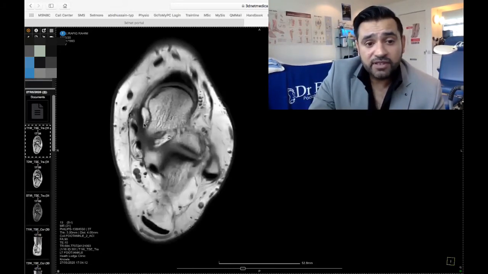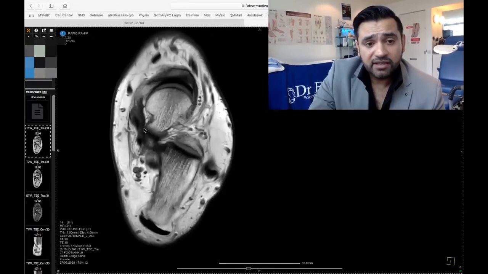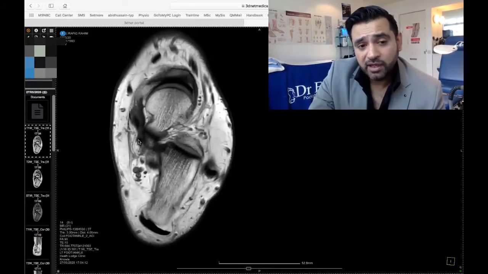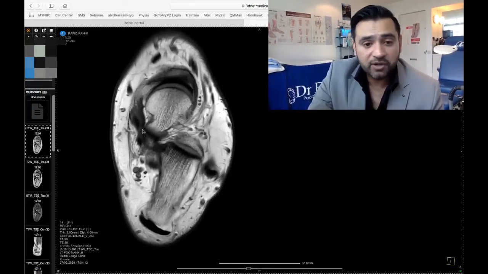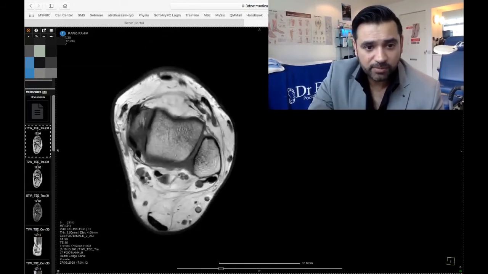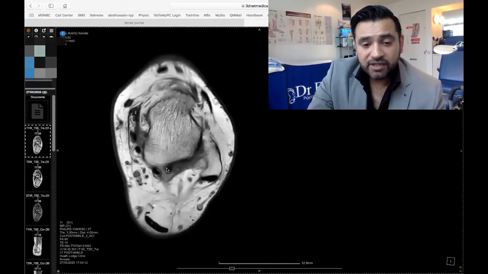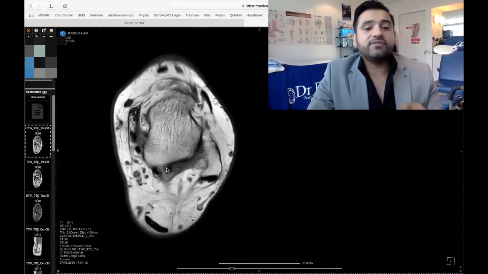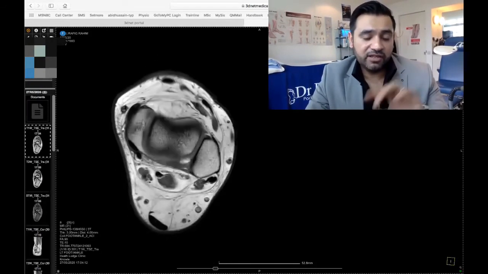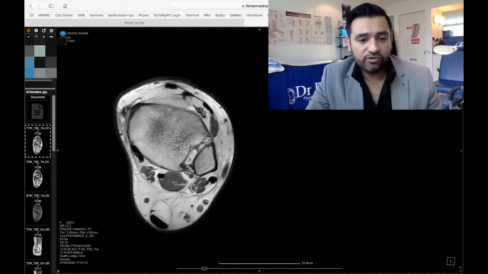When we come further down, see that there? That's the spring ligament. As everybody knows, it is very, very important. That's some of the major ligaments, and you can view a couple of the other ones in the other images, which we'll briefly go through.